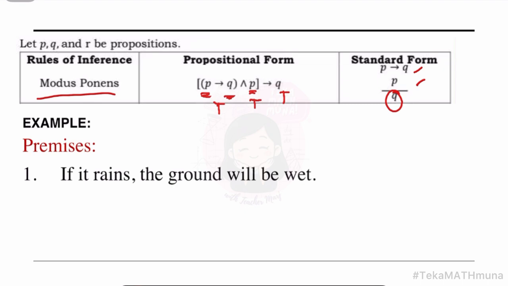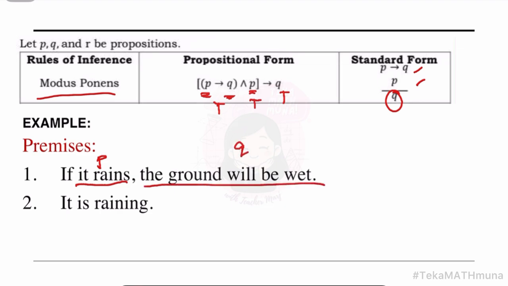Example, if it rains, the ground will be wet. It is raining. So, if it rains, that is proposition P, the ground will be wet, that is Q. It is raining, that is proposition P, and what will be the conclusion?